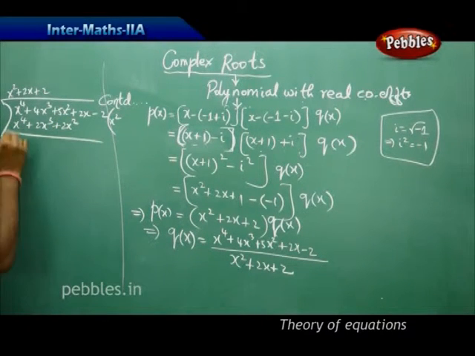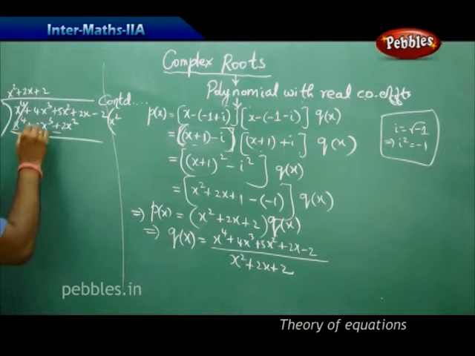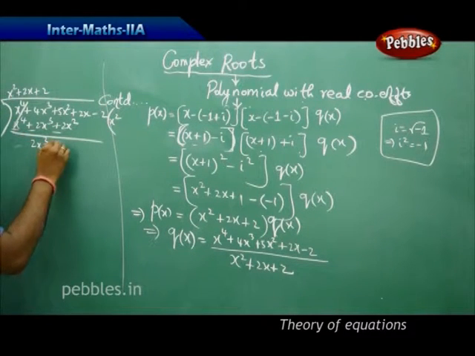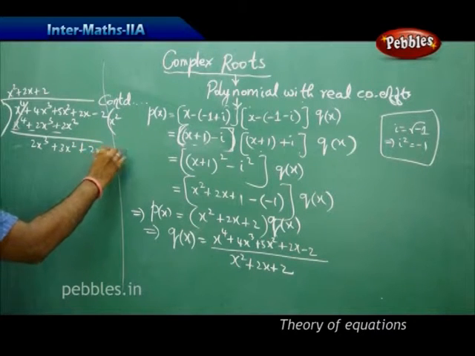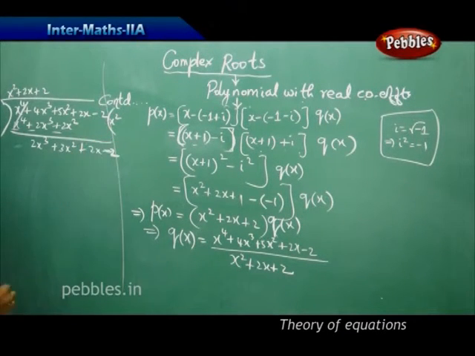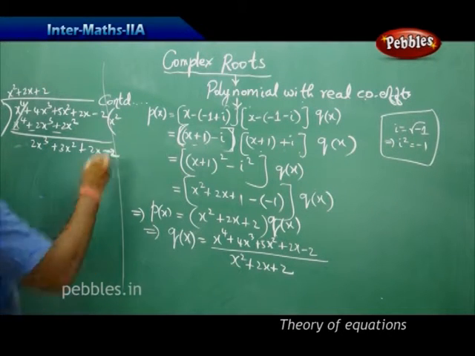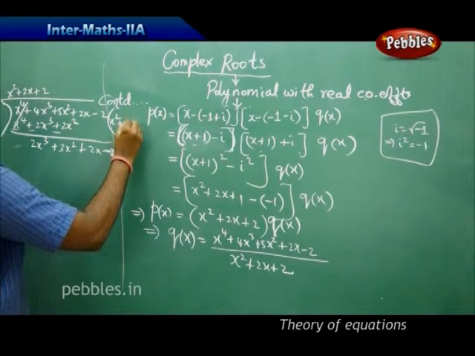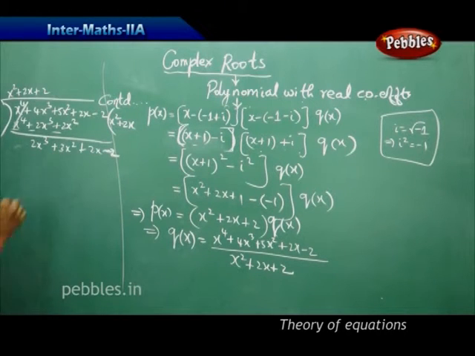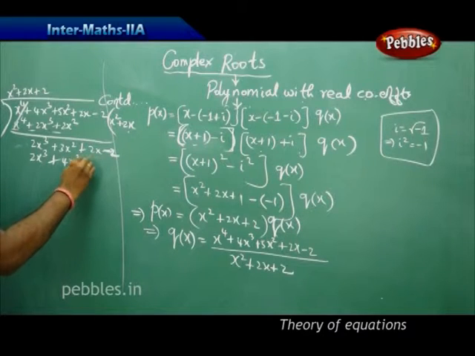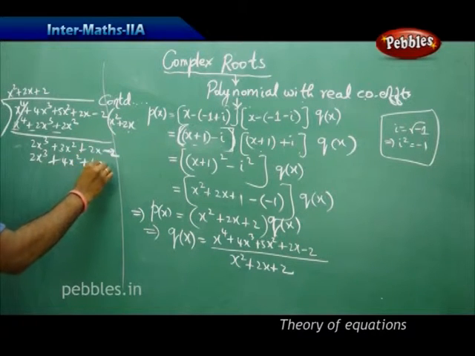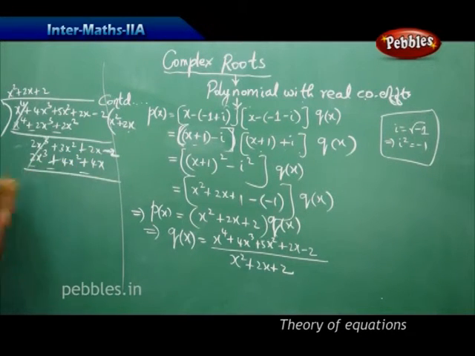Then when I subtract, I get 4 minus 2 is 2x cubed plus 3x squared, carry forward 2x minus 2. Now again I need to multiply 2x with x squared, so that I get 2x cubed plus 4x squared plus 4x, and then on subtraction I get minus x squared minus 2x minus 2.